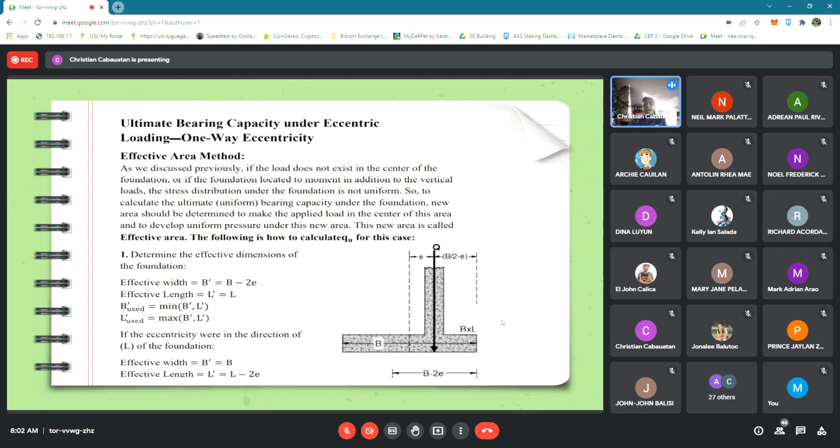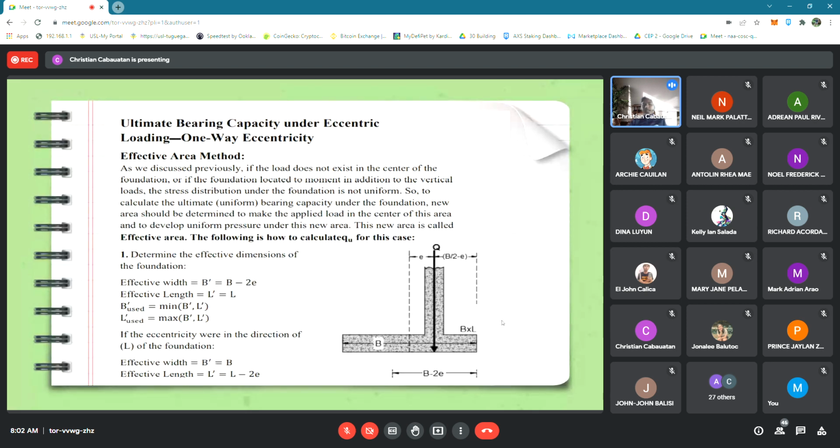So there are many steps on how to calculate using the effective area method. For the first one, we determine the effective dimensions of the foundation. Effective, okay, it is not just the dimensions. May term na effective na doon.